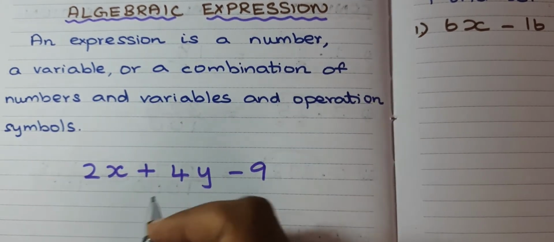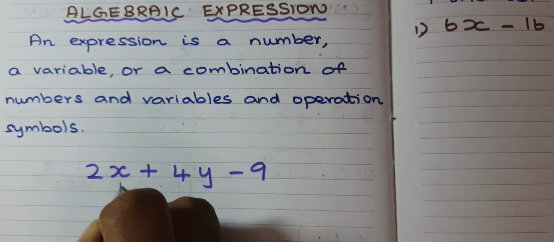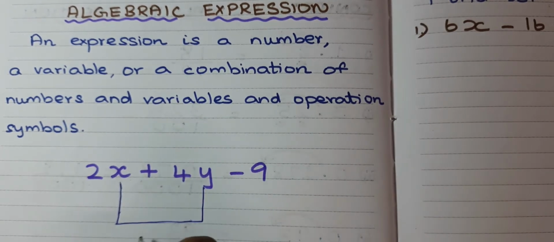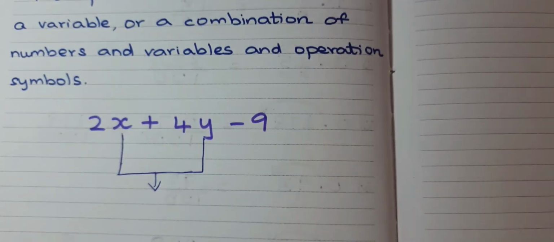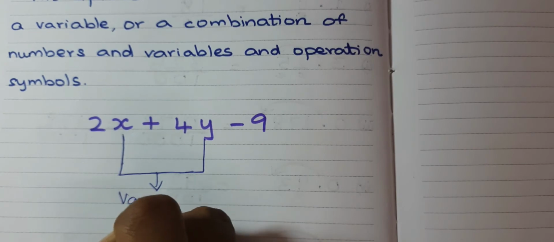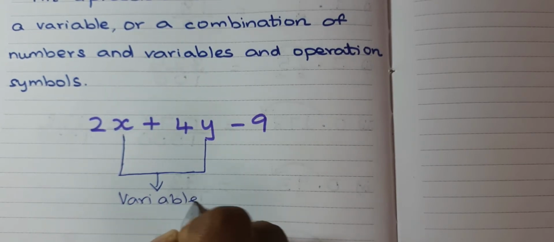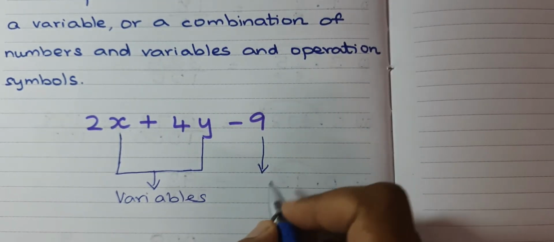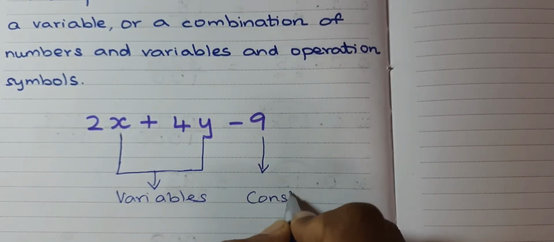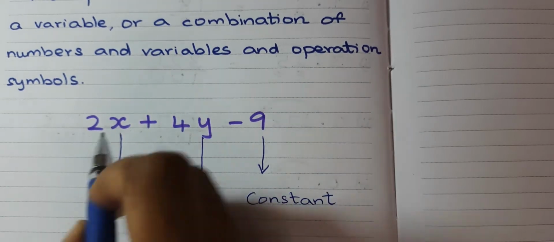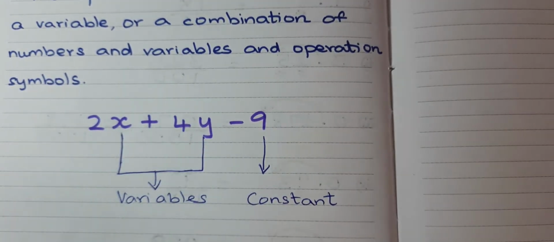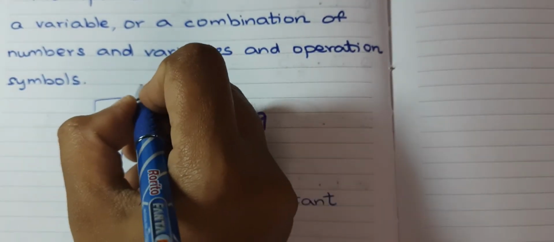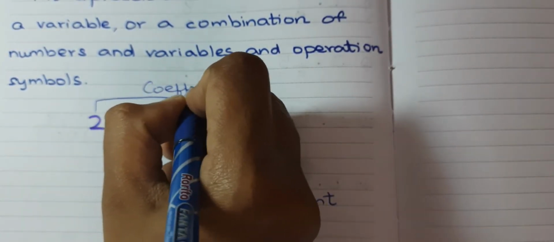In this, x and y are said to be the variables. 9 is said to be the constant. 2 and 4 are said to be the coefficients.